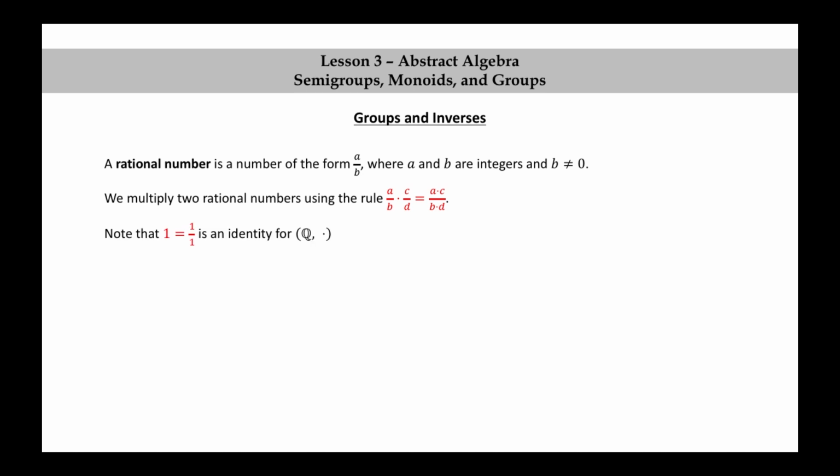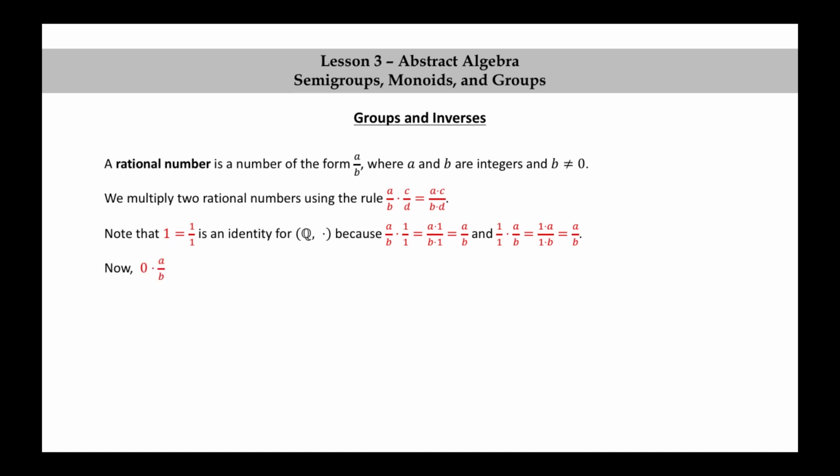Note that 1, equal to 1/1, is an identity for Q under multiplication. Because a/b times 1/1, by definition, is (a times 1) over (b times 1), which is equal to a/b. And 1/1 times a/b, again by our definition, is (1 times a) over (1 times b), which is equal to a/b.